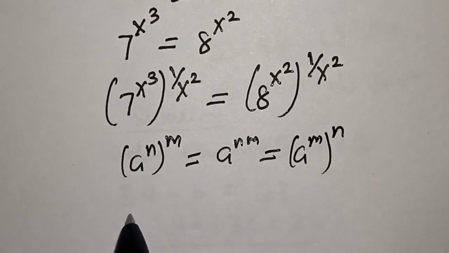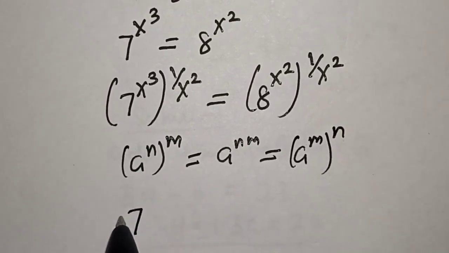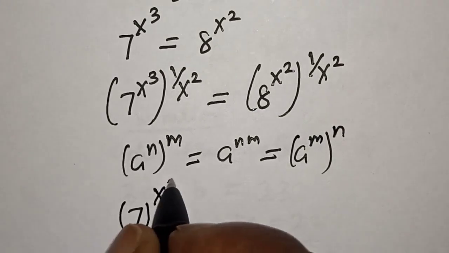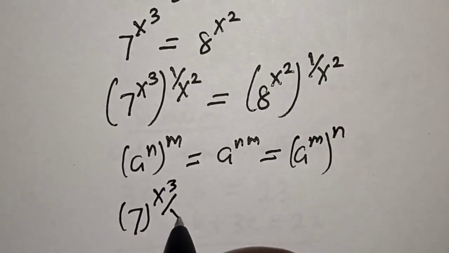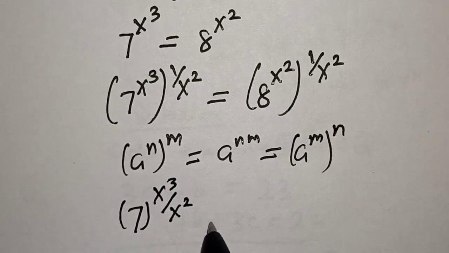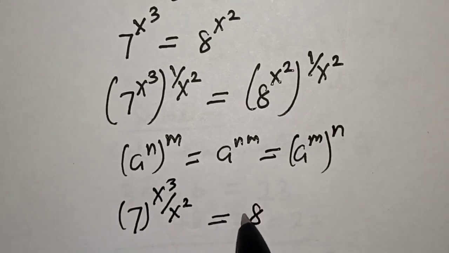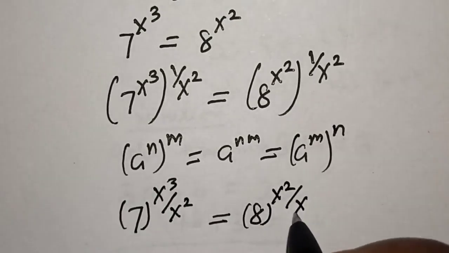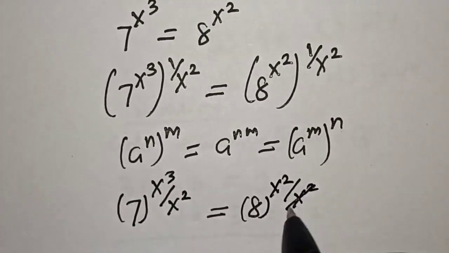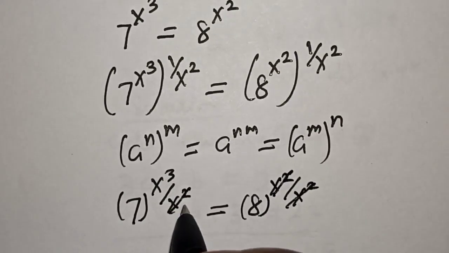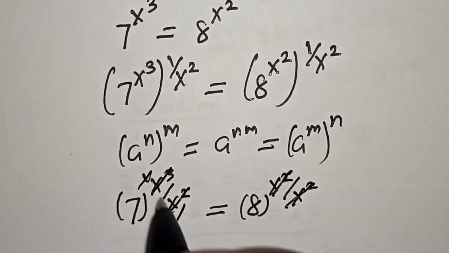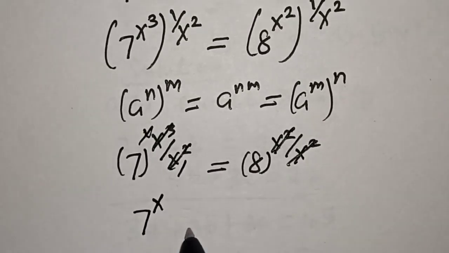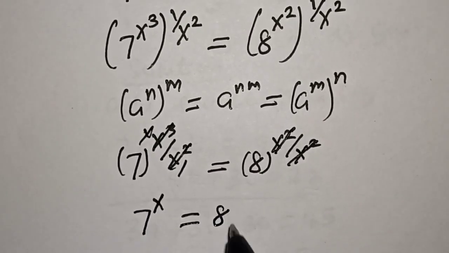Then this becomes 7 raised to power s cube over s squared is equal to 8 raised to power s squared over s squared. So this one will cancel this. S squared here 1, here remain s. Now we have 7 raised to power s is equal to 8.